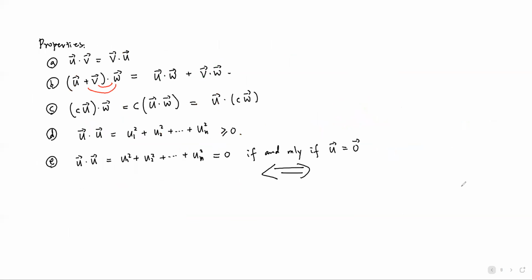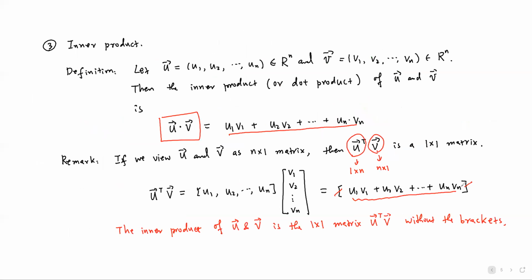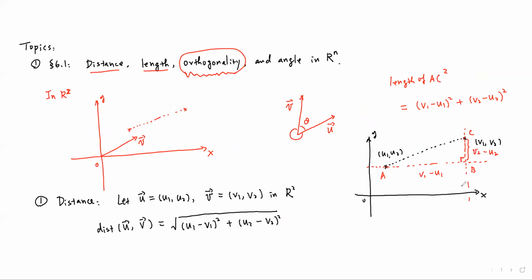I'm done with the extension of orthogonality. Now let me extend angle from R2 to Rn.